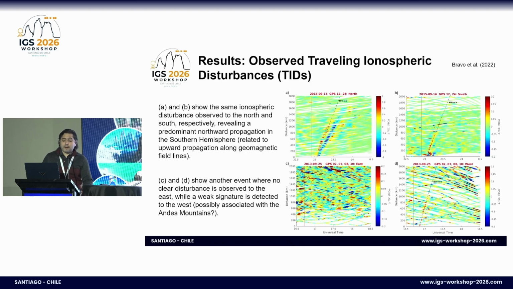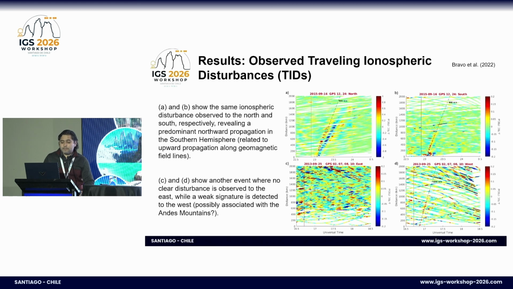Another characteristic of these events: in the first row, we can see the same ionospheric disturbance observed to the north, in the left, and in the right, revealing predominant northward propagation in the southern hemisphere, related to upward propagation along geomagnetic field lines.